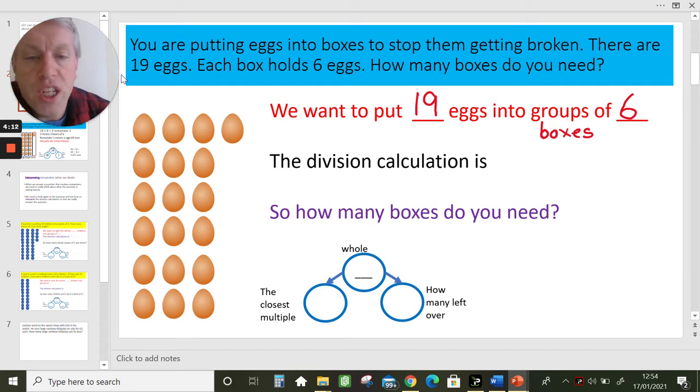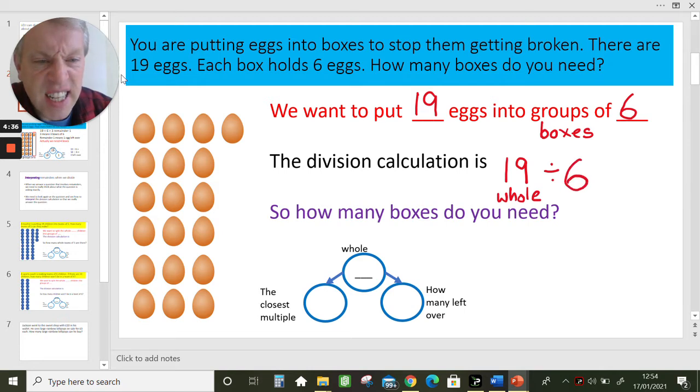Well, the division calculation is the whole number of eggs goes first. 19, that's the whole amount of eggs. And we are putting them into groups of, so dividing it into groups of 6.